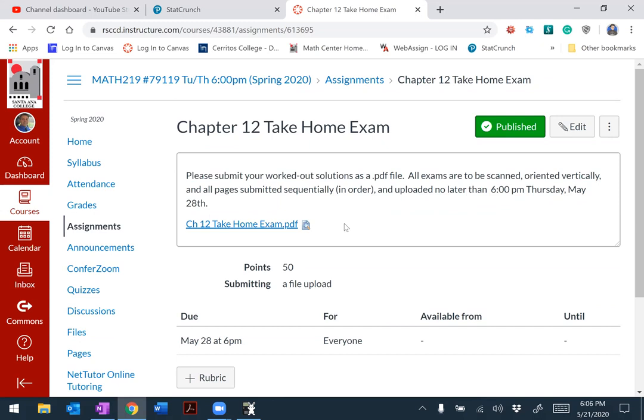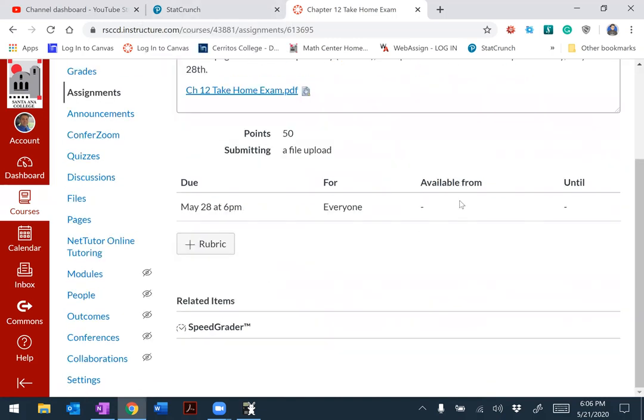I won't take it as a Google Doc, and I won't take it as a JPEG image. So you do need to convert those files. And that's due in a week. So 1 week from today at 6 o'clock.